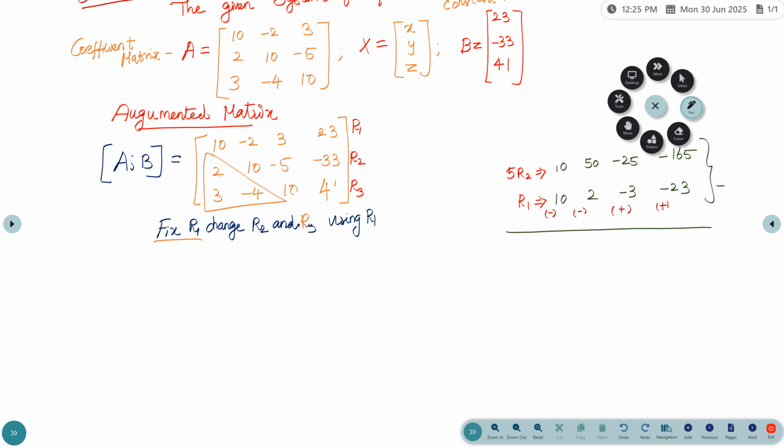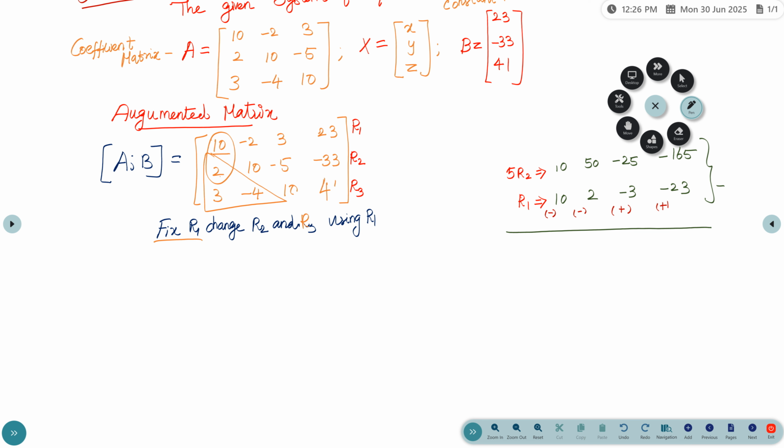We are going to convert this 2 to 0 using the element 10. So you have to multiply by a non-zero number to make the coefficient of one variable equal in both rows. Multiplying the 2 by 5, we get the value 10. So 5 times R2.